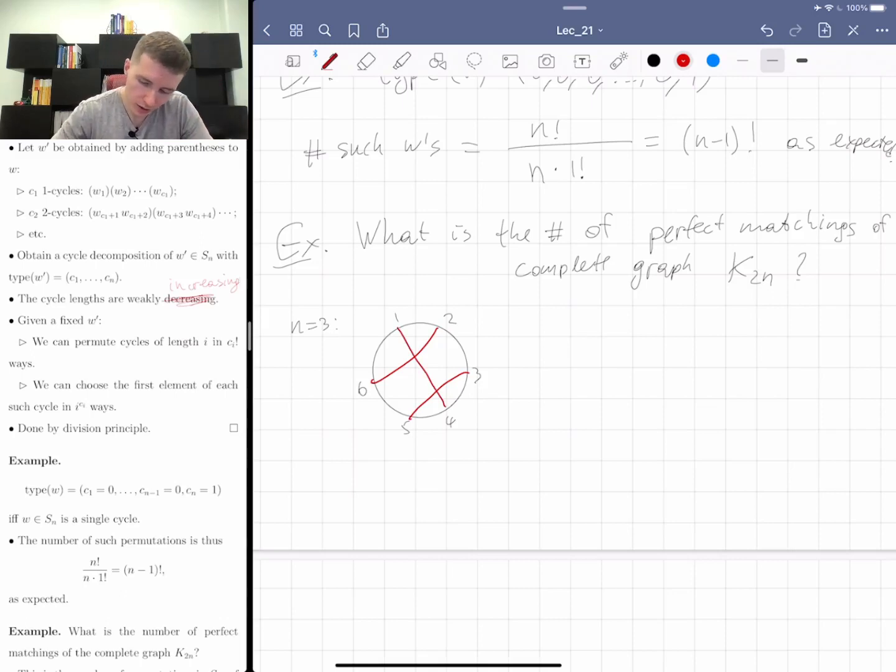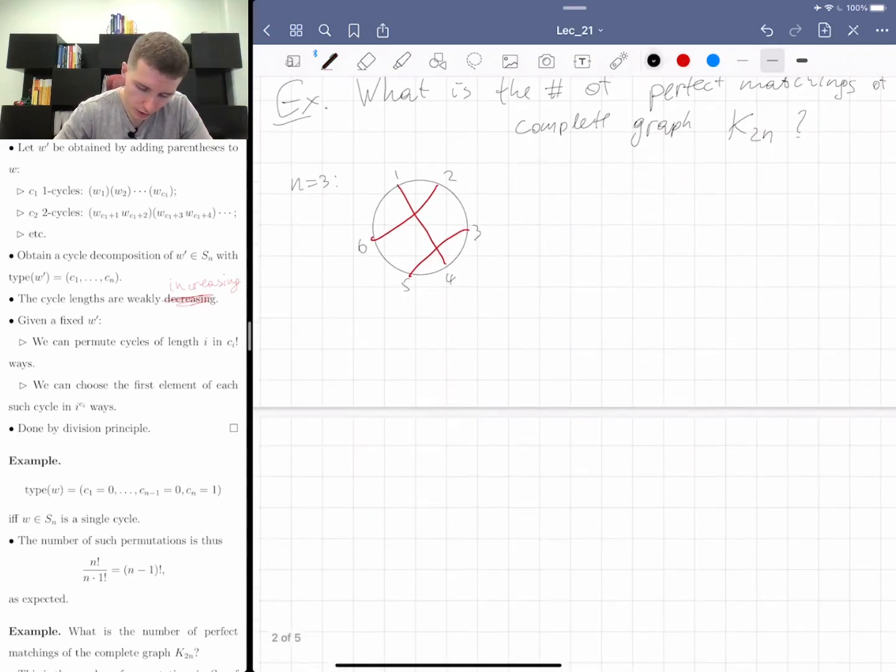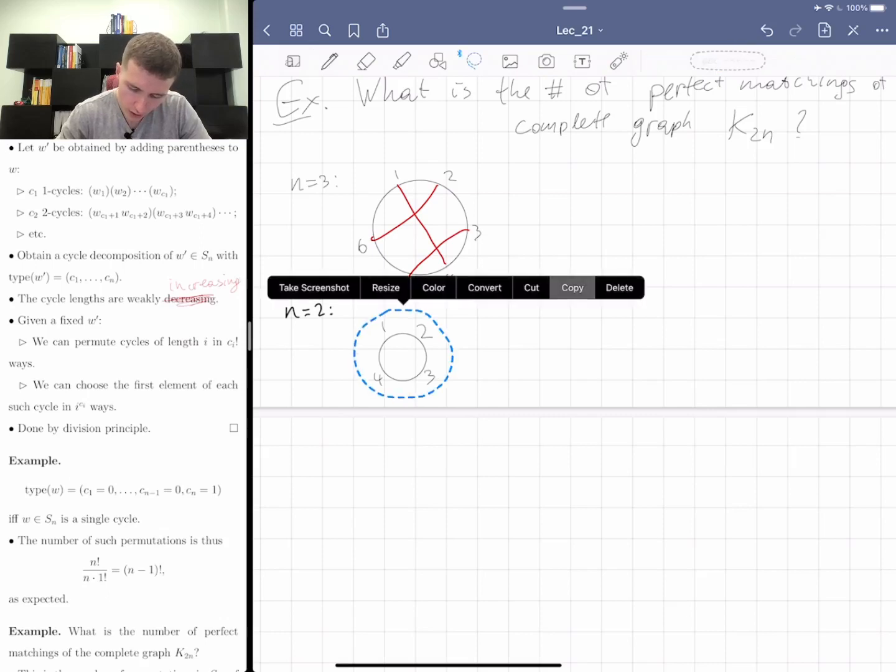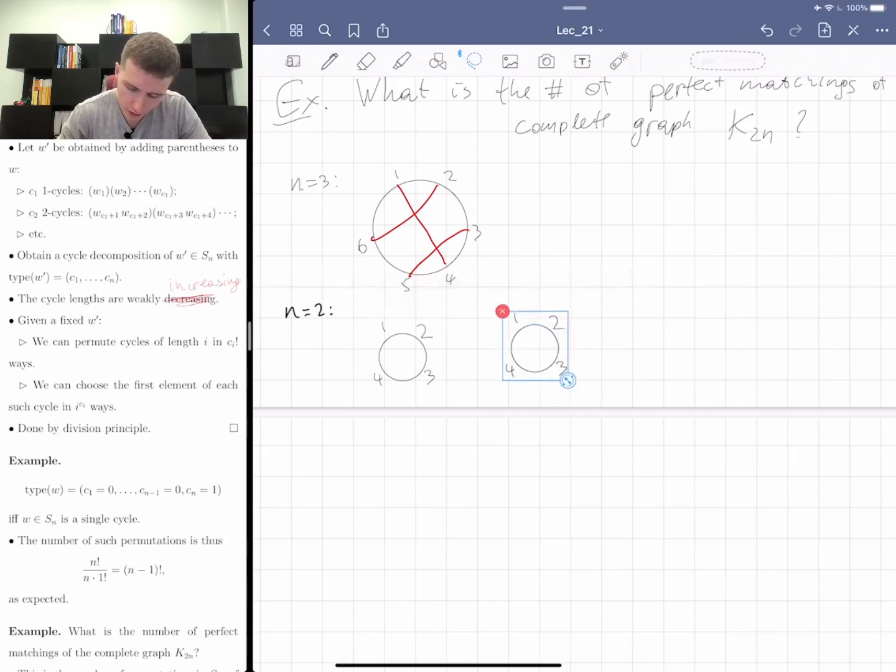But maybe let's try n equals 2, where I can actually list all of them pretty quickly. 1, 2, 3, 4. In how many ways can I split these 4 numbers into pairs?